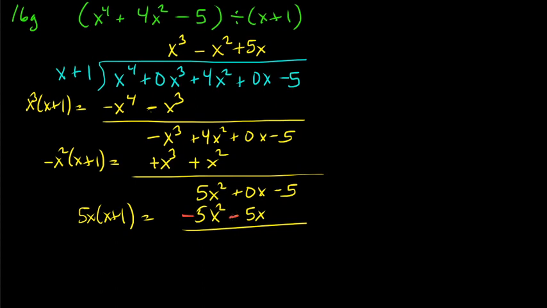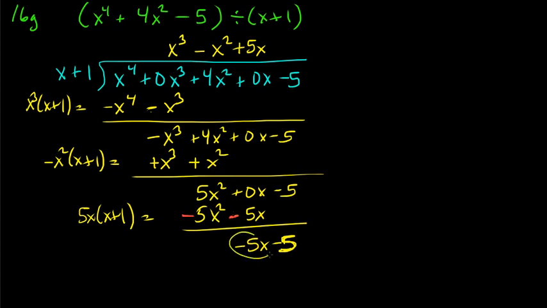So change them both to negative, and when you add, you get 0x squared, negative 5x minus 5. That's a 5, not an S. I know my 5s do look like S's. I apologize. This is my S. This is my 5, or at least it should be.